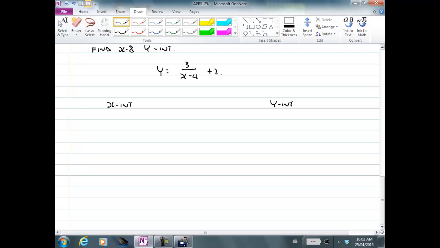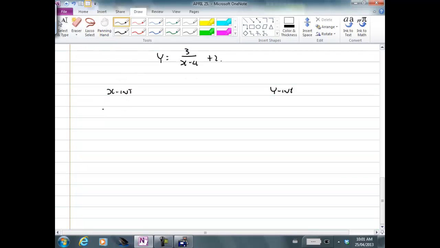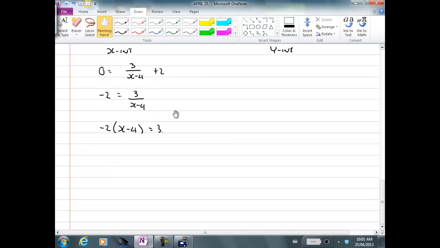Ooh, no. Y has to be 0. So I go 0 equals 3 over x minus 4 plus 2. Now, we're solving for x. Negative 2 equals 3 over x minus 4. Negative 2 times x minus 4 equals 3. See, all I'm doing is nothing. I'm just moving things over.